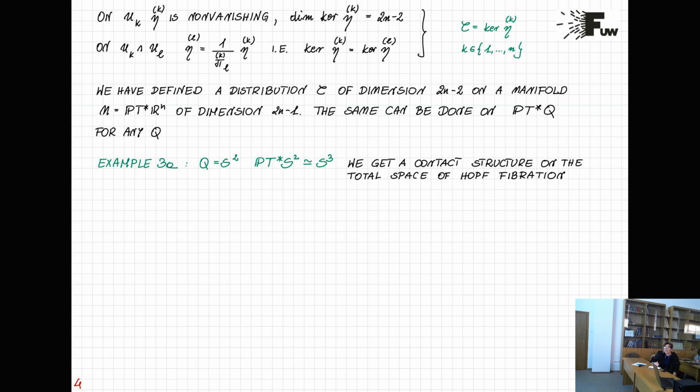So this way we can construct a contact structure on S^3.